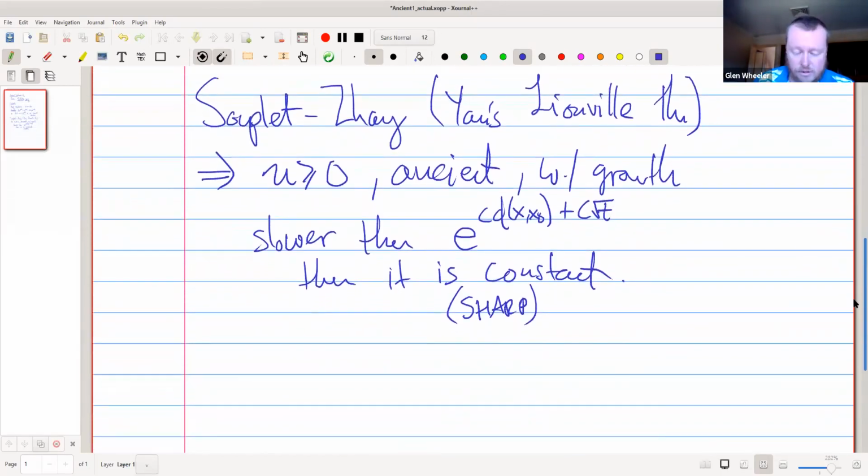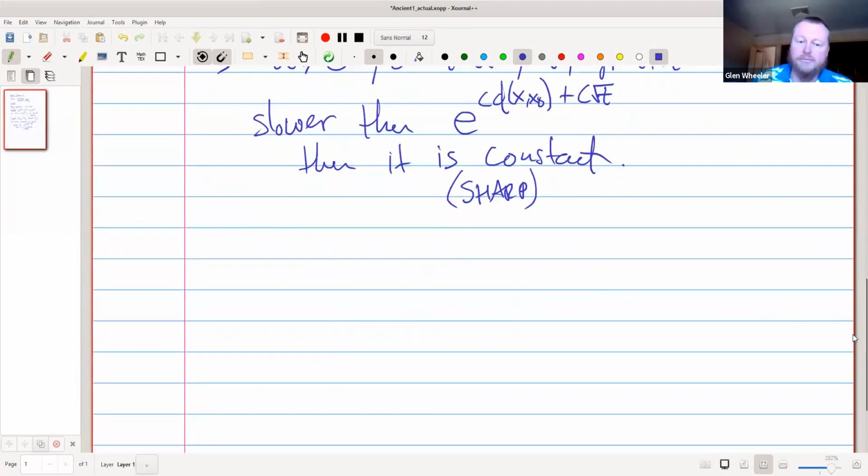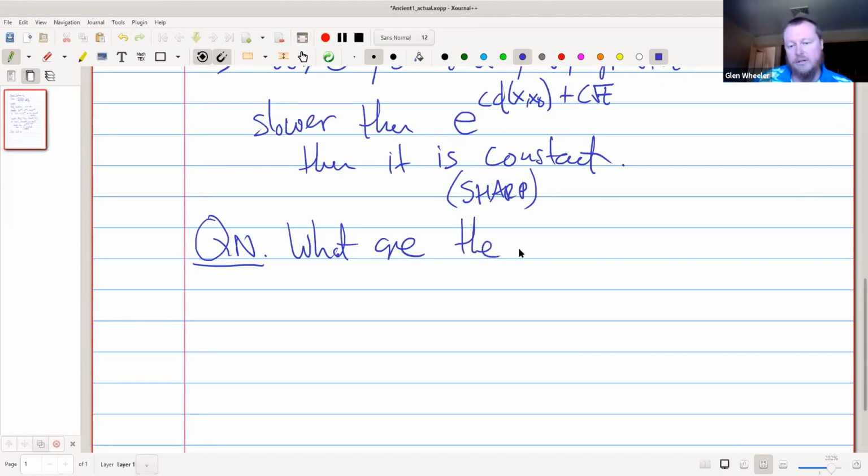But it does lead into our natural question, which is: what are the non-negative, let's call them positive, ancient solutions? In particular, we're first going to investigate a representation formula for these kinds of solutions, and then we'll discover that we can say a lot more about the structure.